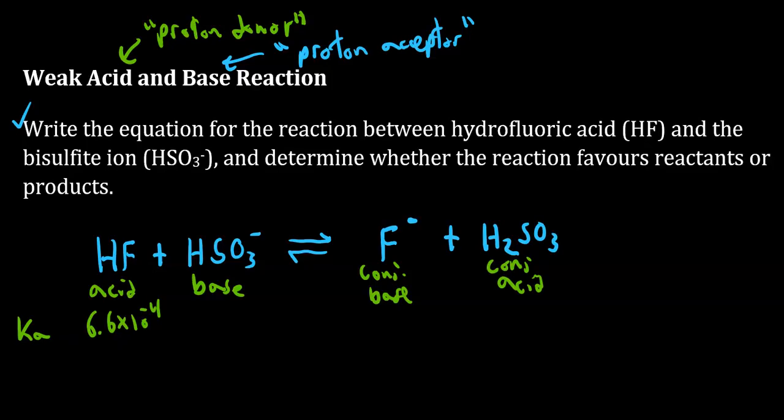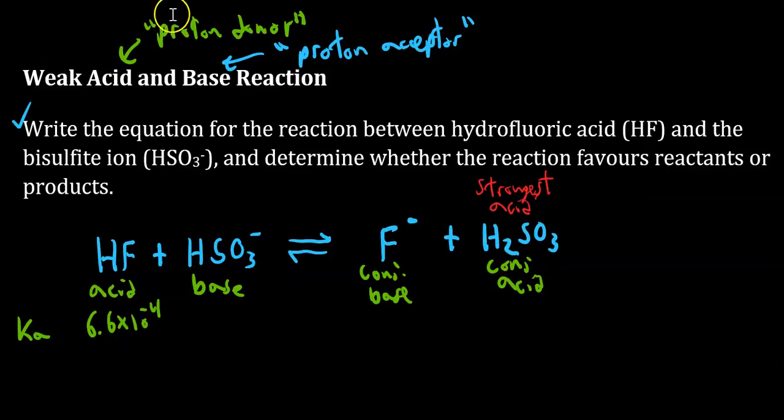So this is the strongest acid out of the other acids, well, the HF, because this is now a base. And because this is the strongest acid, you can think of it as it's going to overpower this one.